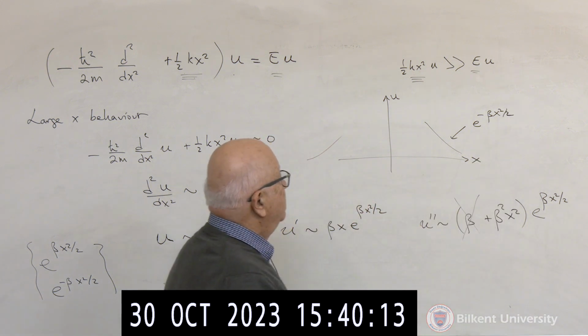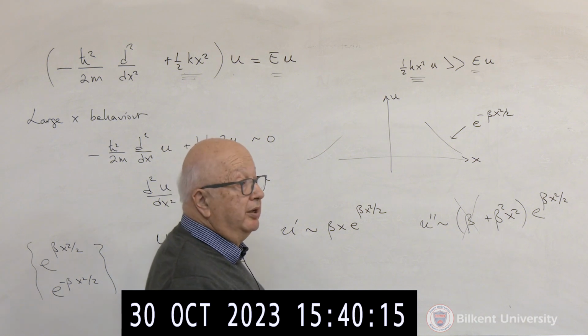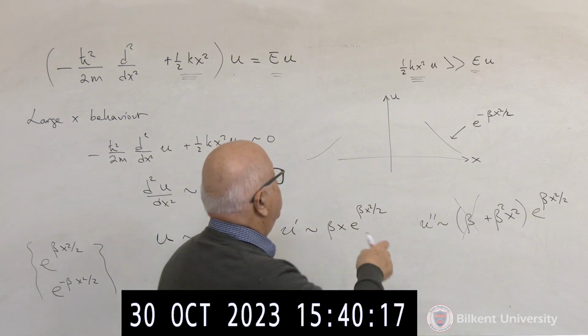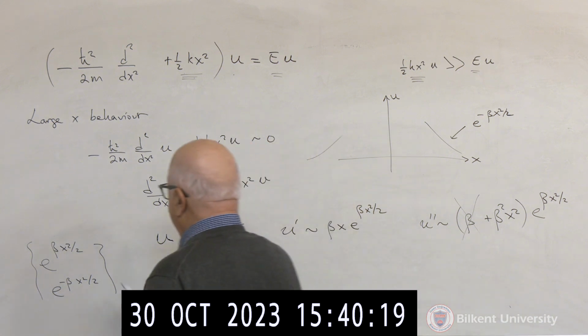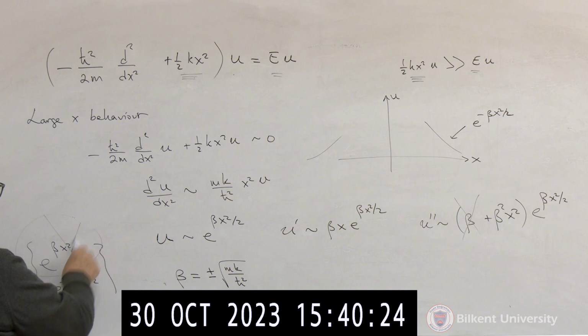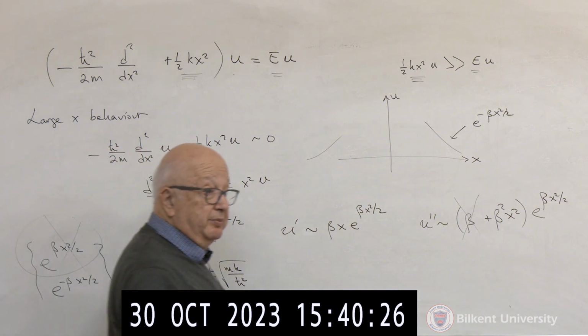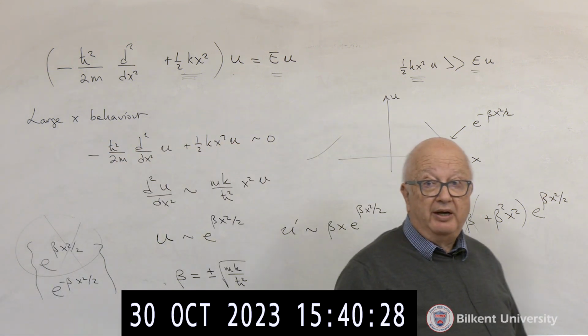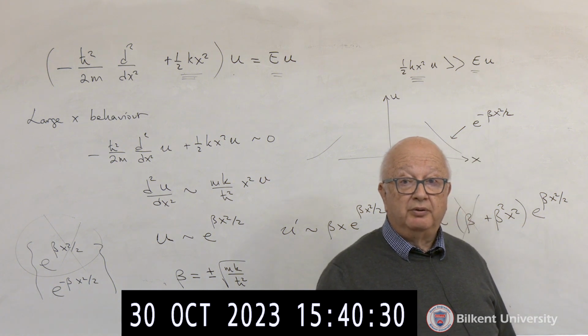Unfortunately, there is also an e to the plus beta x squared over 2, which I do not want, because that's something that's going to diverge as x goes to infinity.